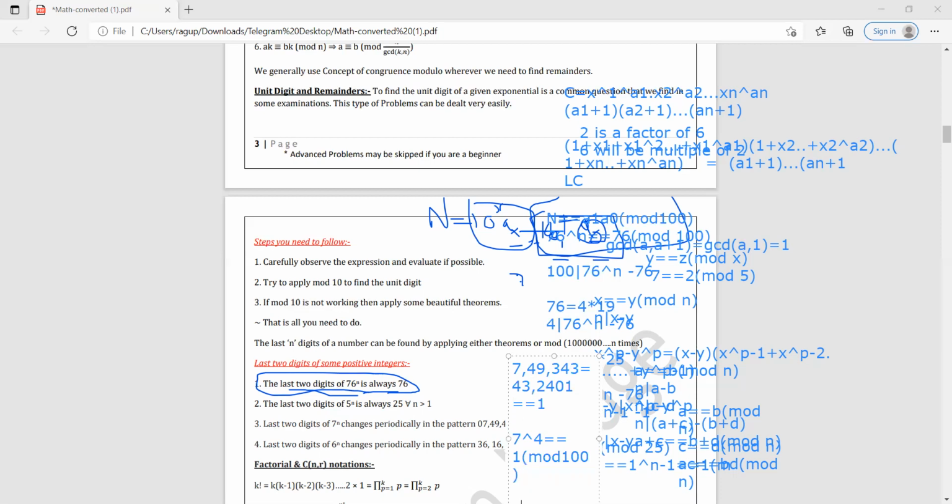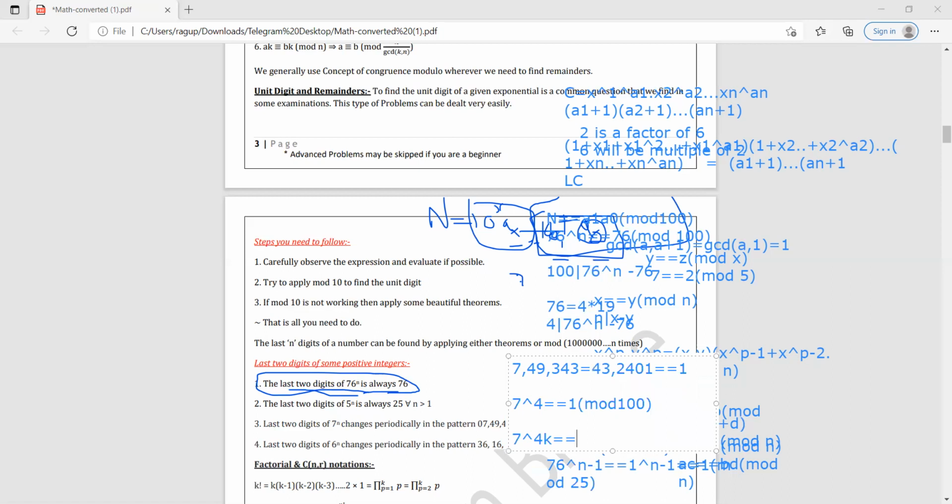So we'll use again our property. 7 raised to 4k would be congruent to 1 raised to 4k, and 1 raised to 4k is basically 1. So 1 mod 100. So if 7 raised to 4k is congruent to 1 mod 100, then we'll again use our property, so 7 raised to 4k plus 1.